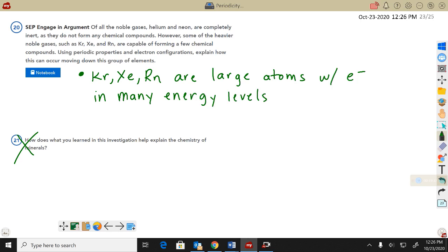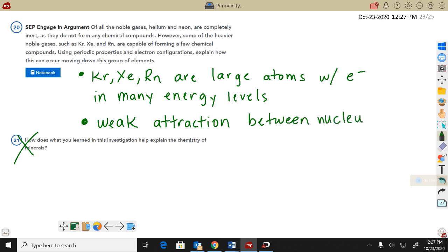So in a sense, we're saying that the electrons are really far from the nucleus. Well, if I know the electrons are far from the nucleus, that causes a weak attraction, right? There's a weak attraction between the nucleus and the electron cloud.